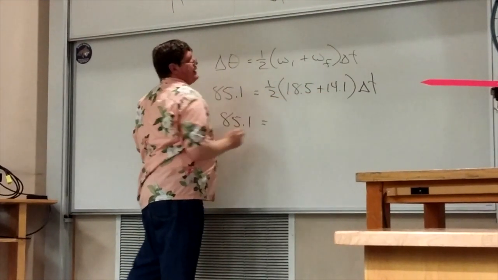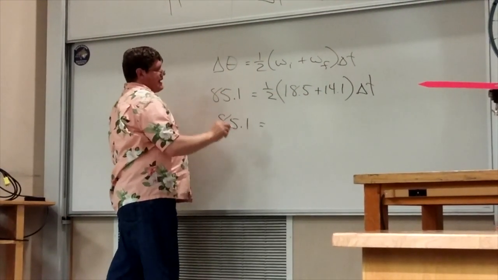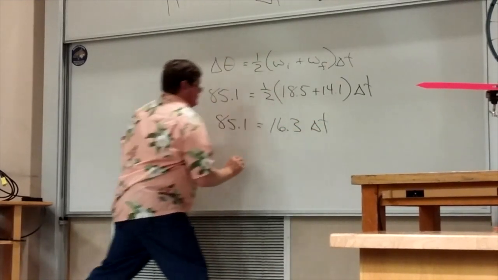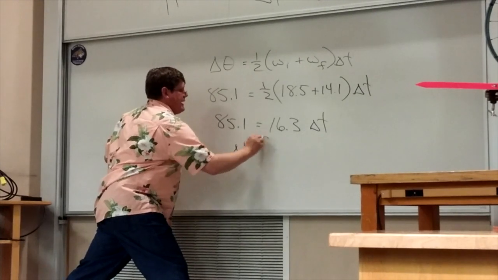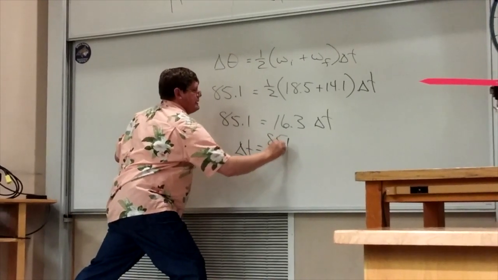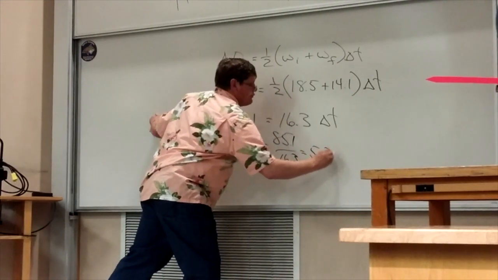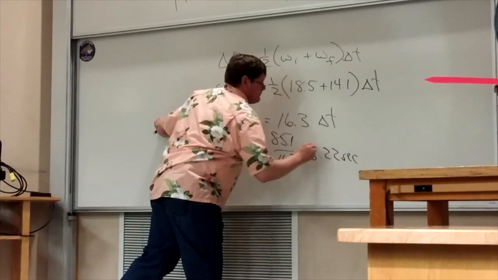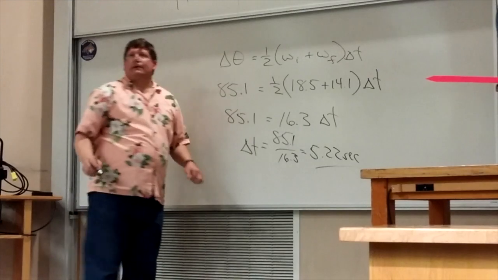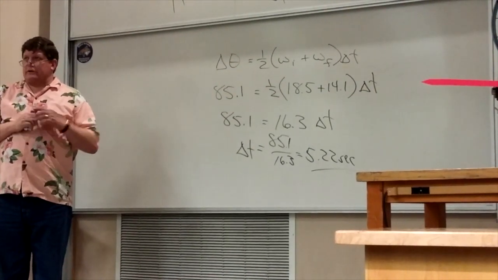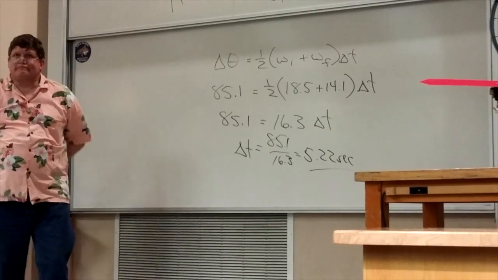This is going to be 32.6. Half of that is 16.3. And so delta t is going to be 85.1 over 16.3, or 5.22 seconds. Okay, see if your neighbor got that. If not, you know what to do. Okay. That's good.